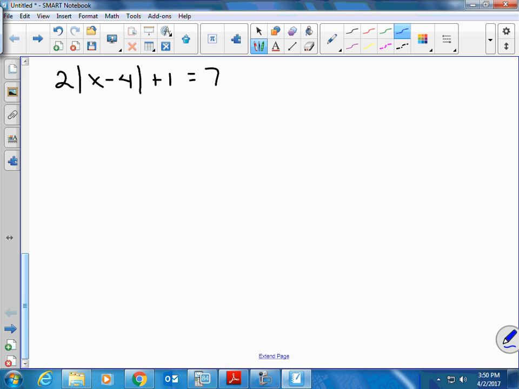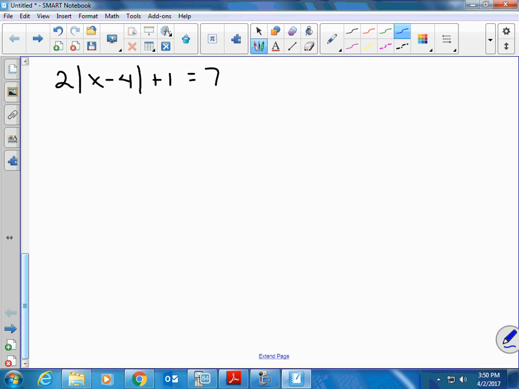Now, what if I don't have an equation that says the absolute value equals something, like I have on the screen? I have 2 times the absolute value of something plus 1 equals 7. I cannot split this into 2 equations right now.